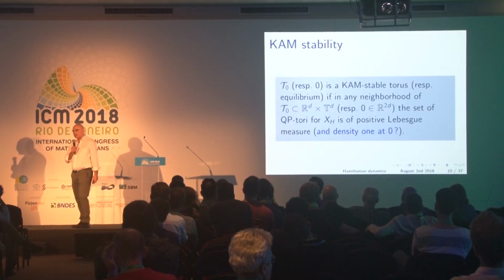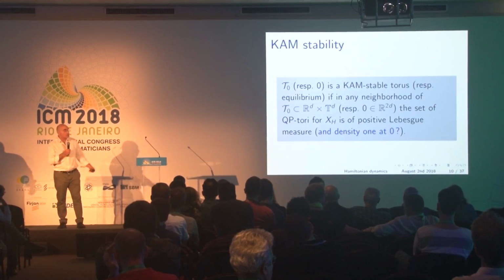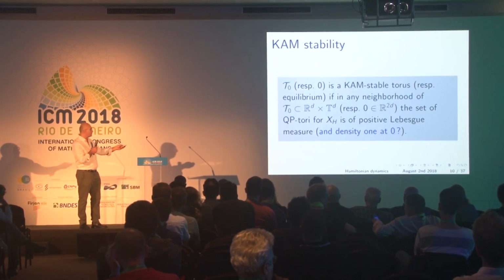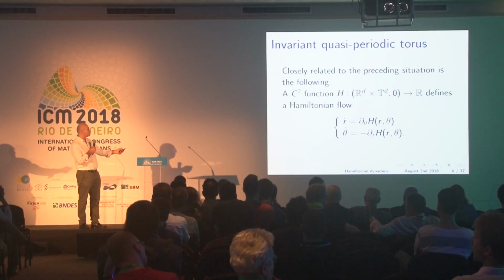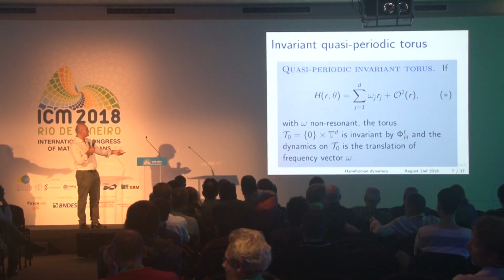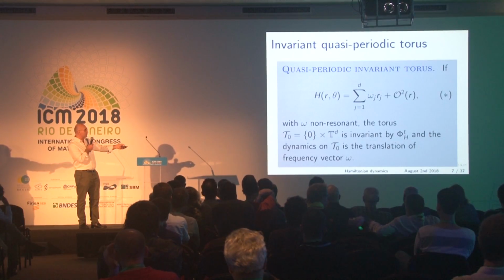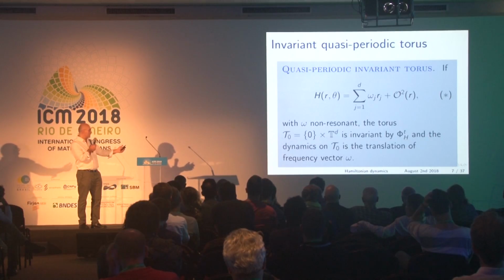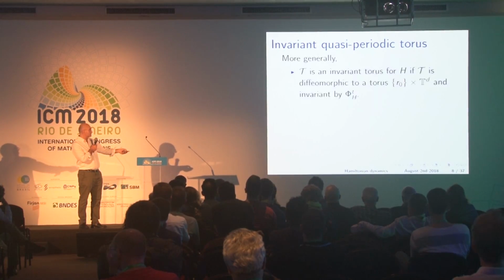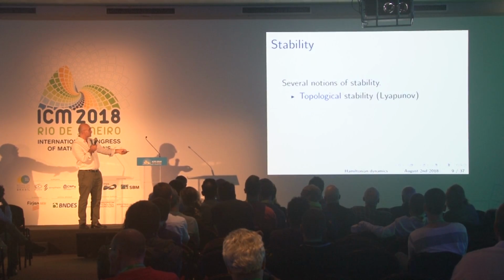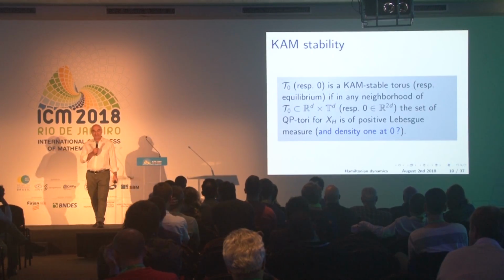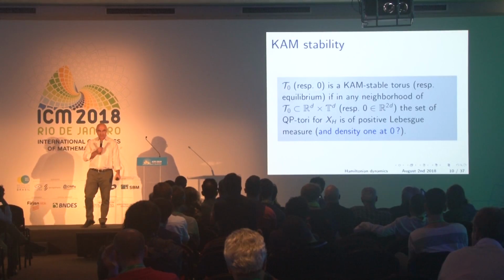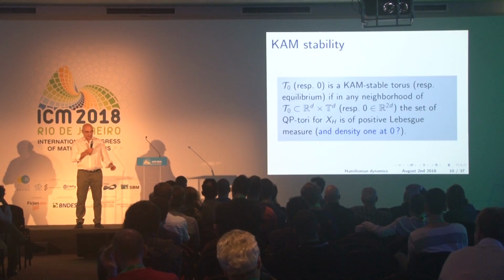So, we are first going to discuss the notion of KAM stability. So, we say that a torus T0, or the torus we had last time, our system has this form in action angle variable. So we say that T0 is a KAM stable torus. I will discuss first the case of equilibrium.